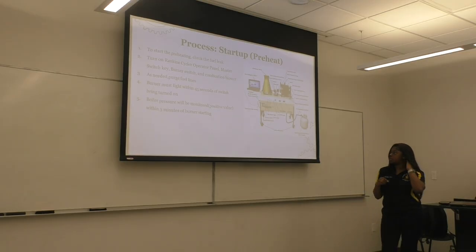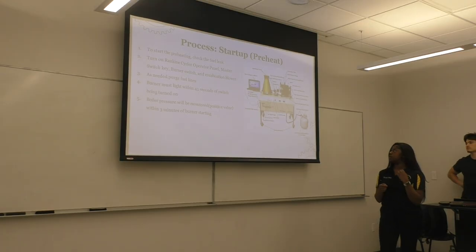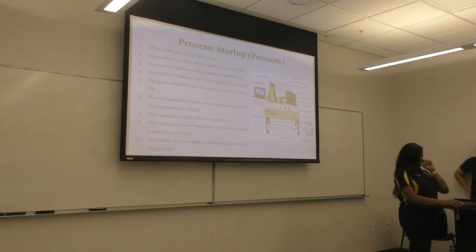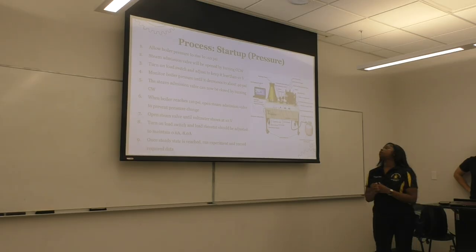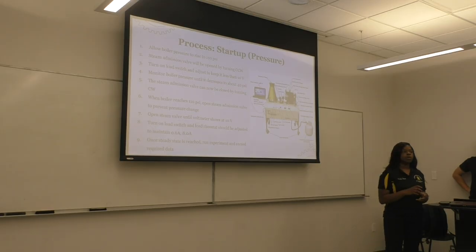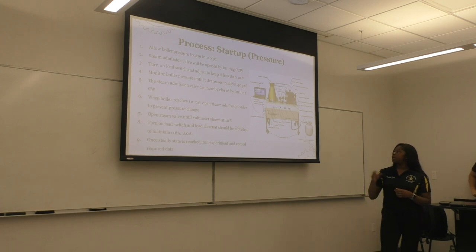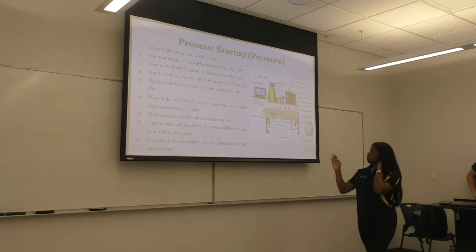The boiler pressure must be at a positive value within 3 minutes of the burner being turned on. We have to make sure that the boiler pressure rises to at least 110 psi. The steam valve will be opened by turning it counterclockwise. Then there's a few other procedures we have to follow.